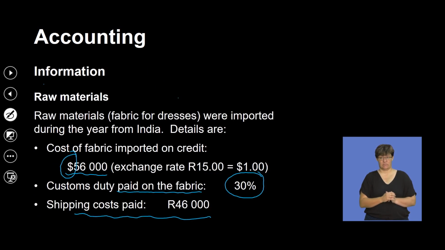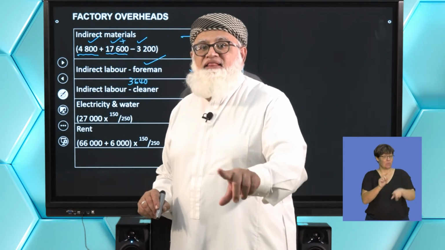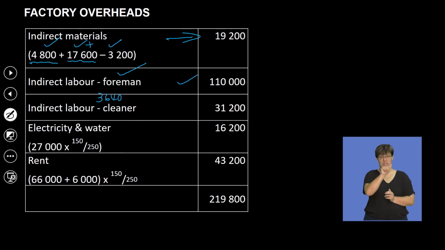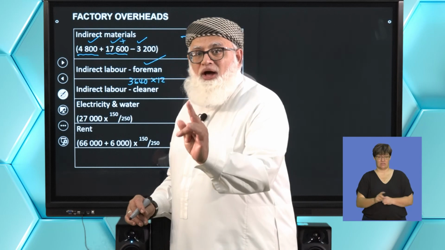Let's go to that amount that we have there, and let's show you the breakdown. So it's the 3,640, but remember, it was 3,640 per month. So step number 1, multiply that by 12. And then you apportion it in terms of the ratio which is given to you, 5:1:1.